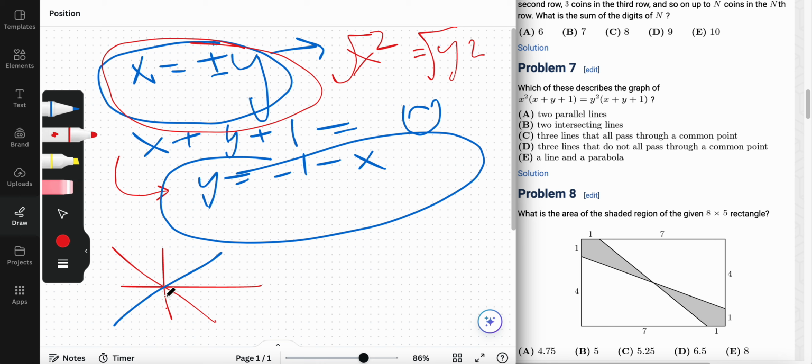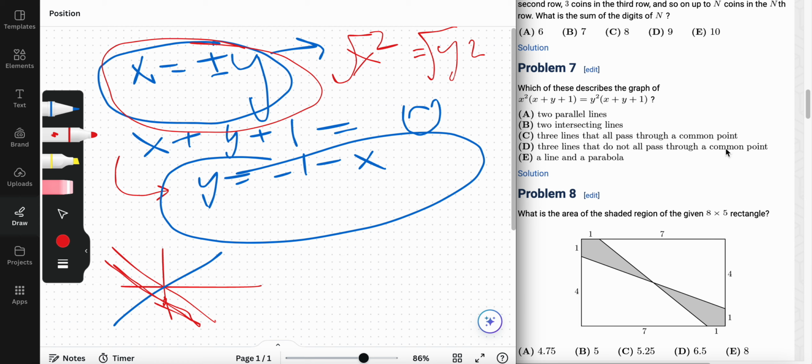Okay, so negative 1. Oh, okay. Negative 1 is here. Wait, what? Okay, negative 1 is here. And then negative x. Okay, this should be like that. Something like that. Okay, my drawing is not the best, but it should be something like that. And then... Yeah, okay. So I get three different lines.